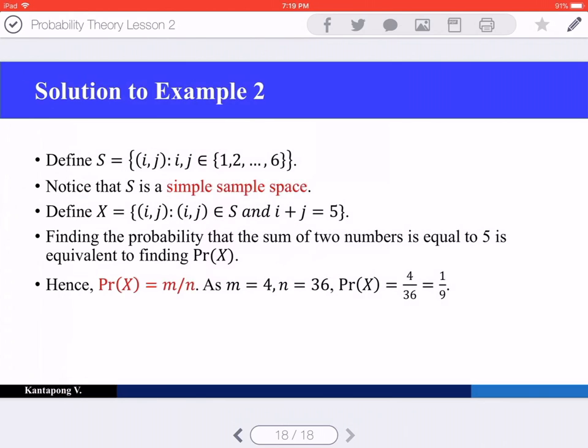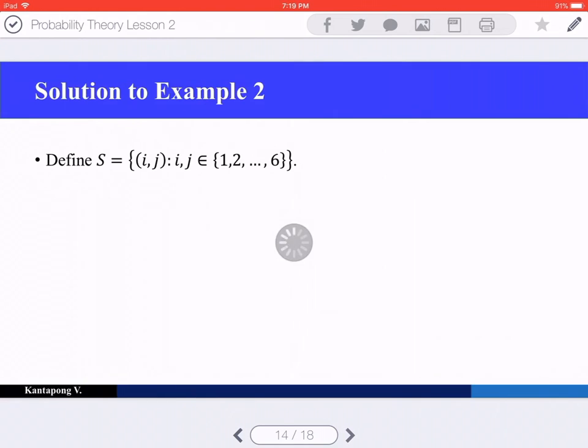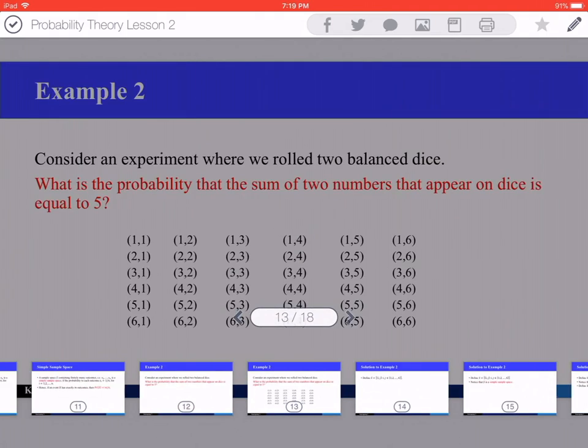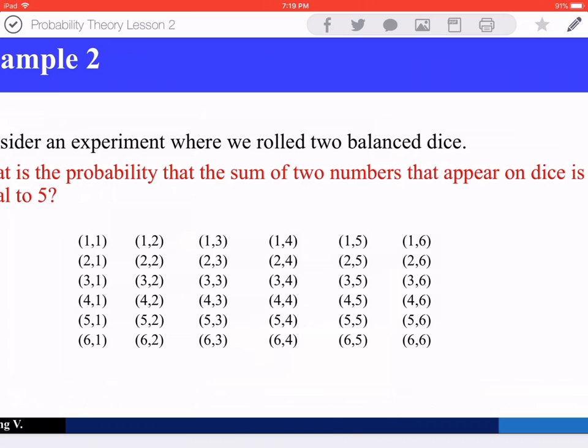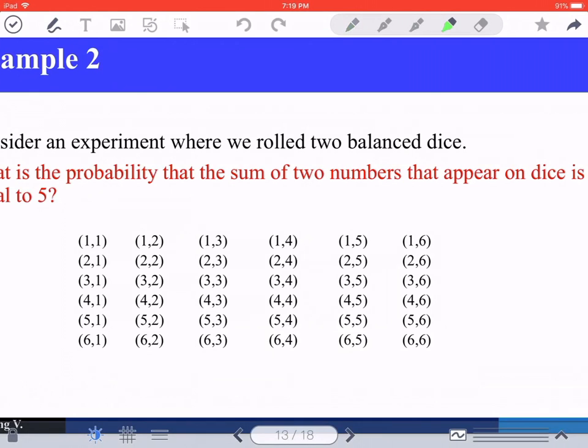So if we count the outcomes where i plus j is equal to 5, we have (1, 4), (4, 1), and let's say (2, 3), (3, 2). And done.